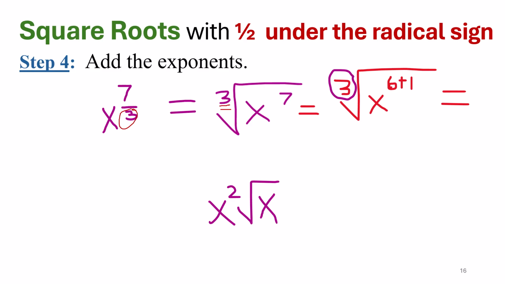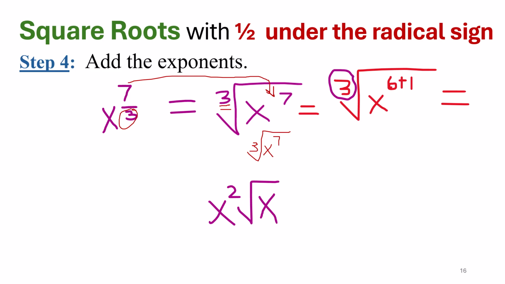And then the 7 is what actually goes under the radical sign. So you have, again, cubed root of x raised to the 7th power. 6 plus 1 is 7, cubed root.